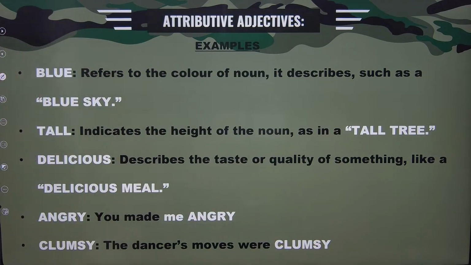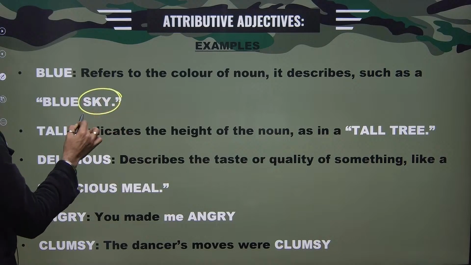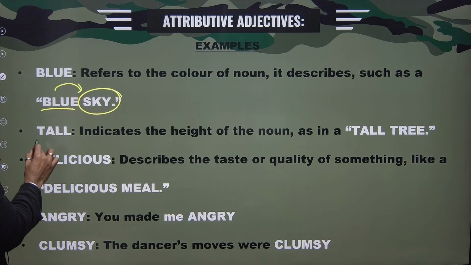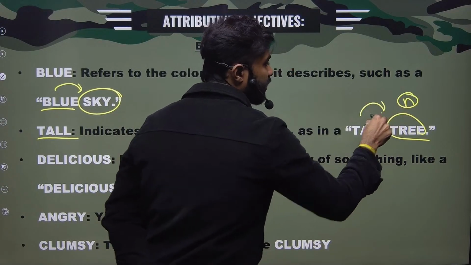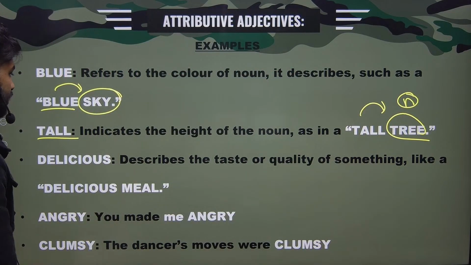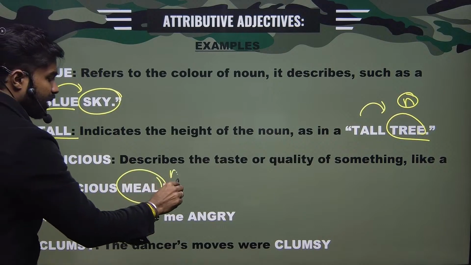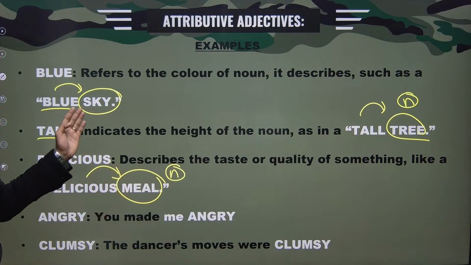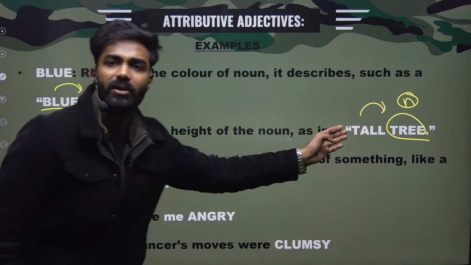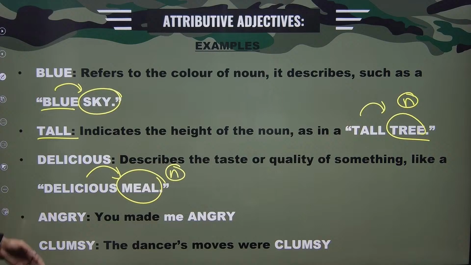All right. Blue sky. See again. Sky, noun. Blue, modifying. Tall tree. Tree, noun. Tall, modifying. Meal, noun. What kind of meal? Delicious meal. What kind of sky? Blue sky. What kind of tree? Tall tree. How's the tree? Tall. Right?